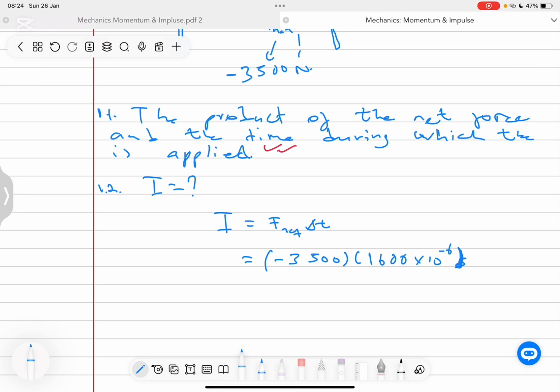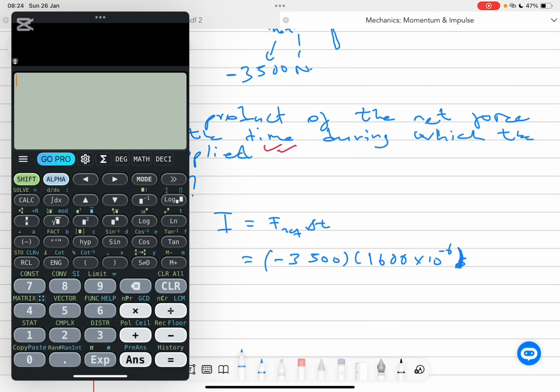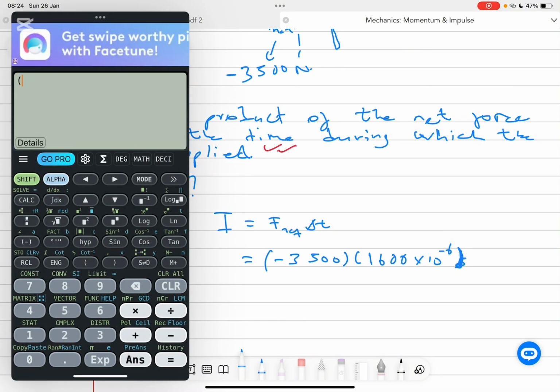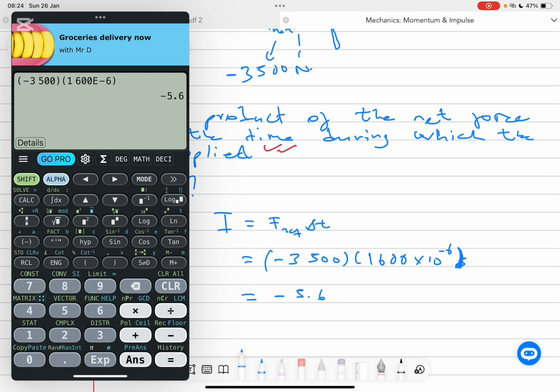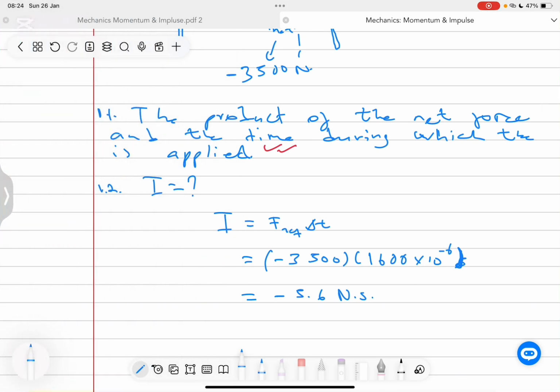From here, this problem becomes very boring because we are going to just punch everything on the calculator. And this gives us an answer of negative 5.6 Newton second.